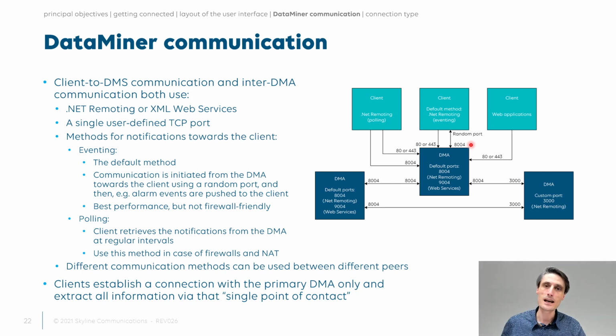So you do need to have access over port 8004 towards your DataMiner agent. That's the minimum. You can change this port 8004, but by default, that's the port we have in there.